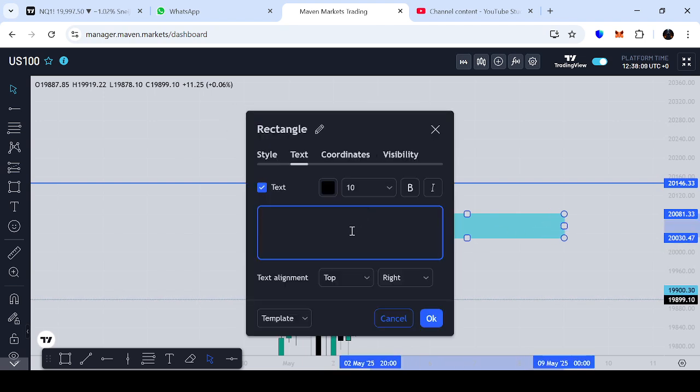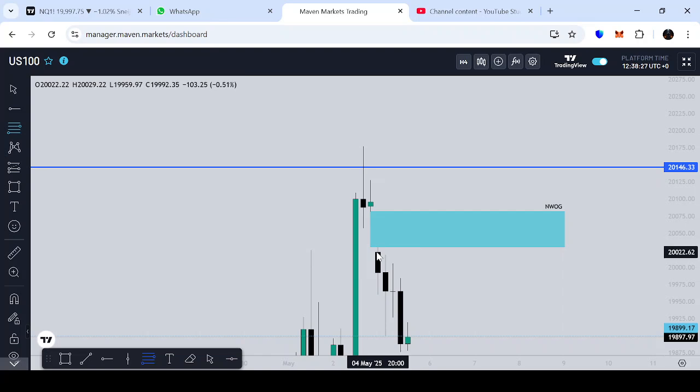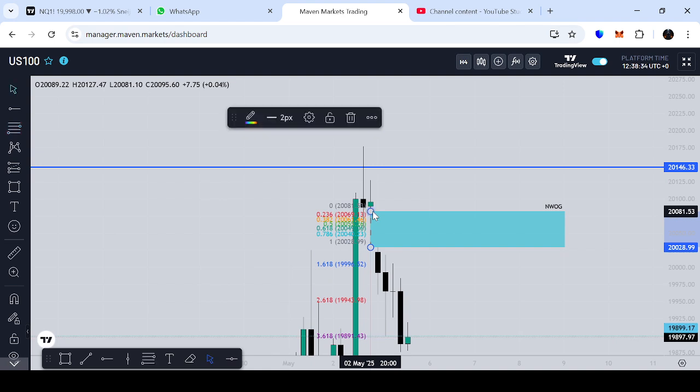Note that: the new week opening gap is the gap between Friday closing and the Sunday opening. To get the 50% of it, you use your Fibonacci retracement. You anchor from the opening to the closing, where the week closed.